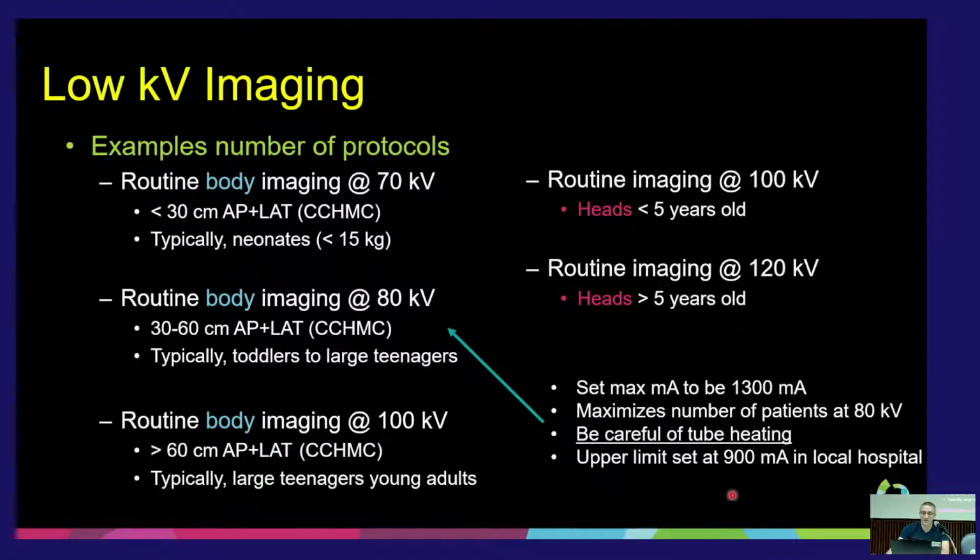A couple things to talk about though. We made this choice, so the vast majority of our patients are imaged at 80 kV, and I allow it to go up to 1300. Actually, talking to one of the CT technologists in the hospital yesterday, he mentioned that he only allows his system to go up to 900, because for the patient population he images here in Thailand, he was running into tube heating problems if he allowed it to go all the way to 1300.